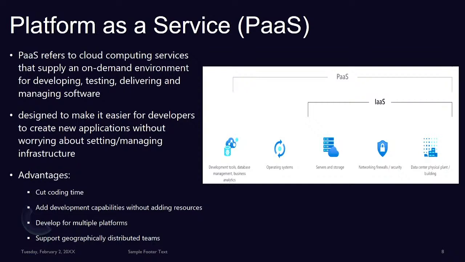In the case of IaaS, you were just subscribing to the IT infrastructure, but in the case of PaaS, you are subscribing to the IT infrastructure as well as tools, like all development tools for developing, delivering and managing software applications.